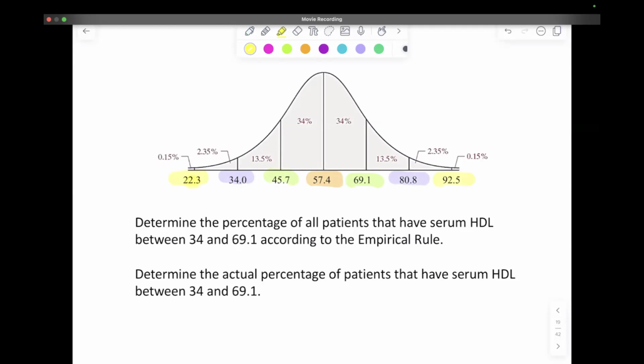So go ahead. So I see where the 80.8 and the 34 come in. That's within the 2, or that's within the 2.35%, right? Yes. Okay. But where did this 69 and the 40 come from? So that's within 1 standard deviation, in either direction.